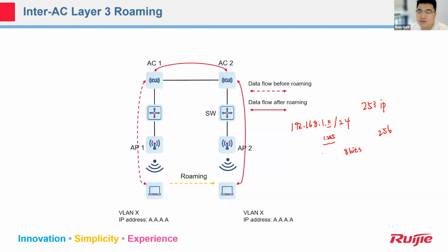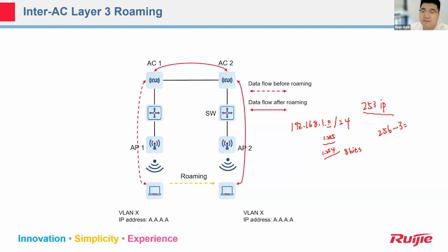And except that, 1.254 is the IP address of the gateway, it should be reserved. So 256 minus 3, we only have 253 IP addresses.